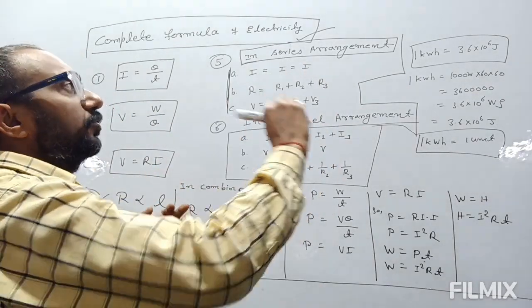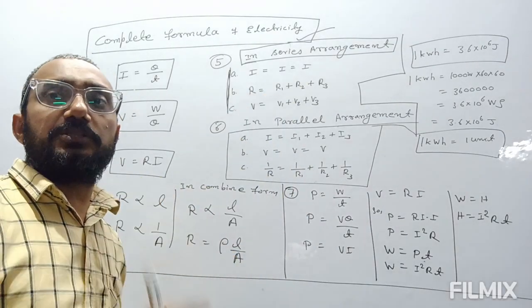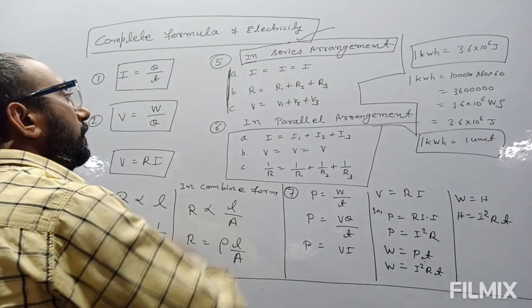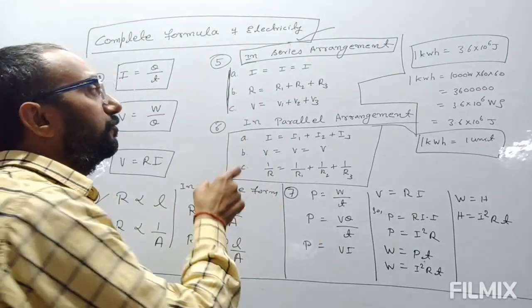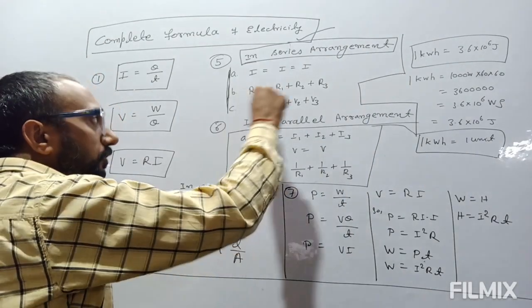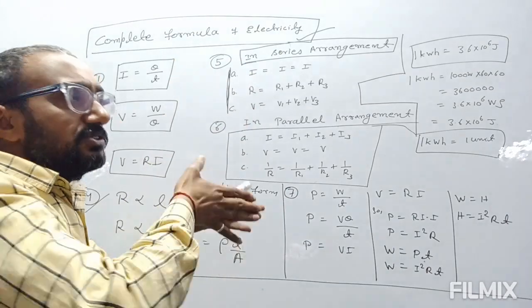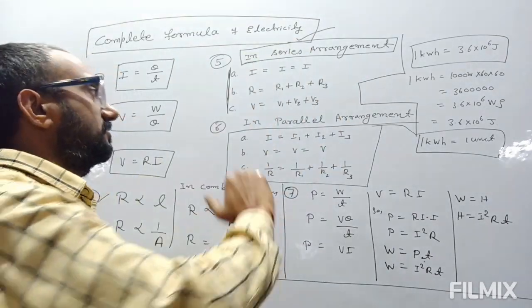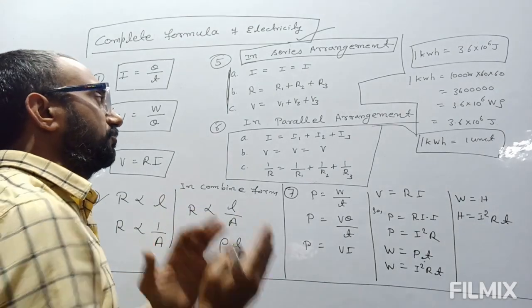Means I equal to I. Next is R equal to R1 plus R2 plus R3. Means total resistance is equal to sum of the resistance of individual resistors. Next is V equal to V1 plus V2 plus V3.